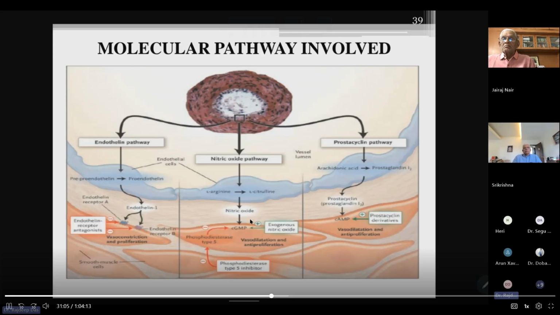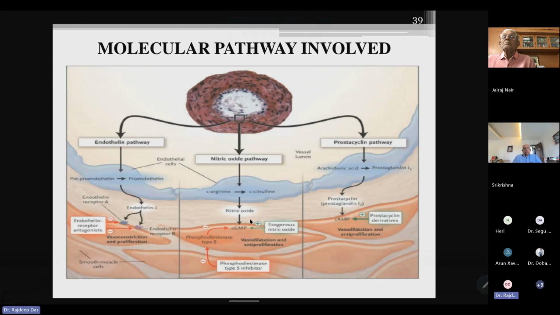The endothelin pathway is mainly endothelin 1 mediated, acting through the endothelin A receptor and endothelin B receptors. For drug-targeted therapy, we use endothelin receptor antagonists for pulmonary arterial hypertension treatment.